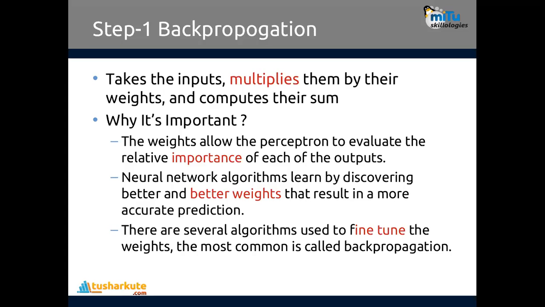So why is it important? The weights allow the perceptron to evaluate the relative importance of each of the inputs. I made importance a different color here. Let me explain with an example from statistics.